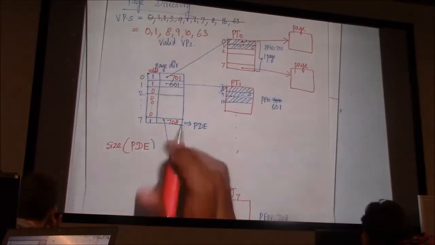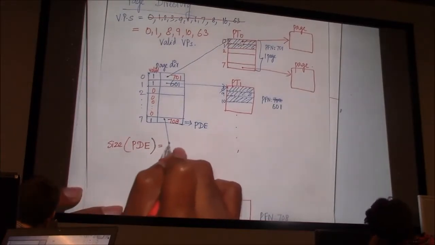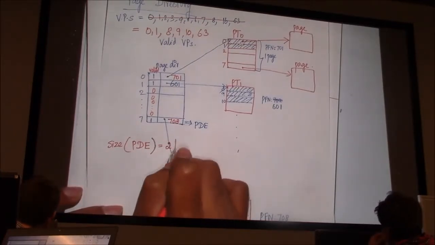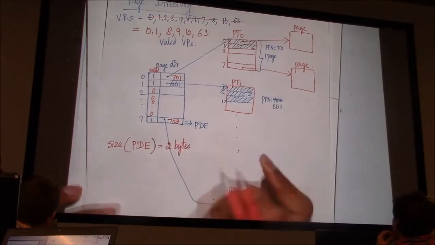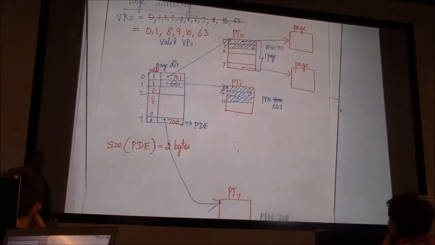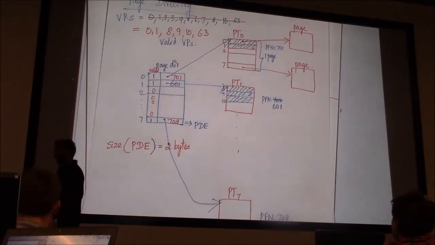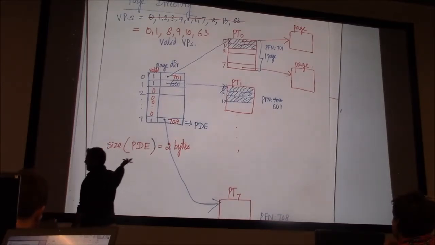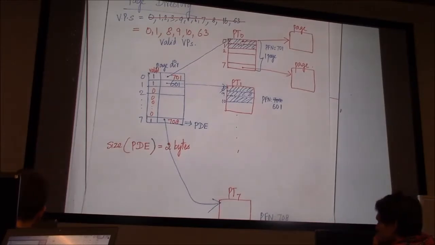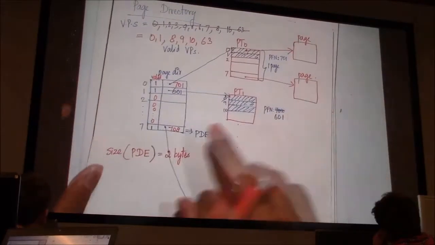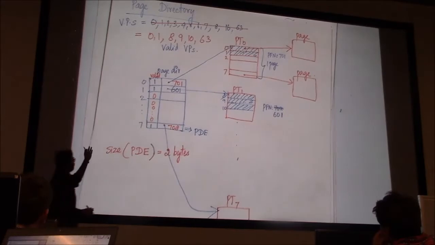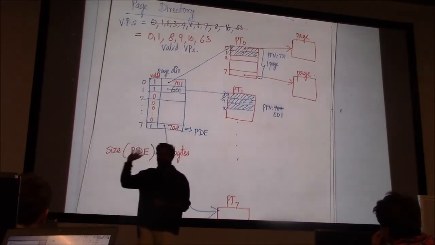Size of a page directory entry, you can assume it to be the same size as a page table entry. Usually they are the same size, okay? And since we assumed a single page table entry is 2 bytes, a page directory entry is also going to be 2 bytes in this case. So if this is true, then how much space do we need to store a page directory?